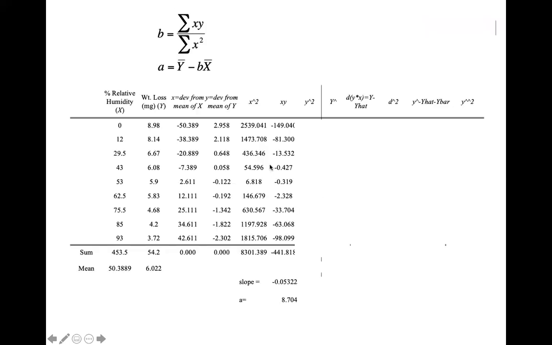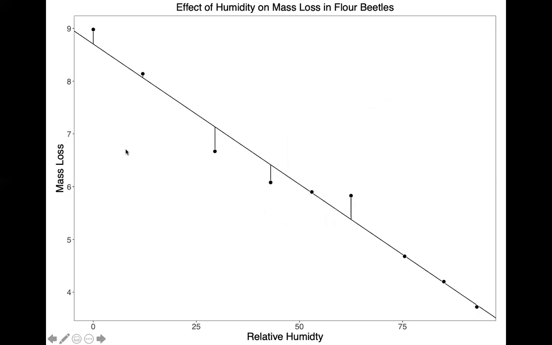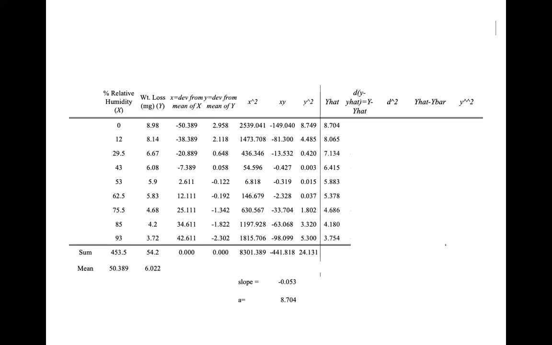And in this table right here, that would be the value of Y at that value of X. 7.134 would be the value of Y at 29.5 relative humidity. That's what the line is telling you. If this was a perfect correlation, this dot wouldn't be a little above the line, it would be right on the line, and its value would be 8.704.